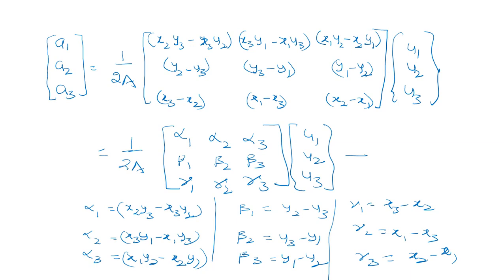Now we know the constant values, so we need to substitute them in equation 1. What is equation 1? U is equal to A1 plus A2 x plus A3 y.